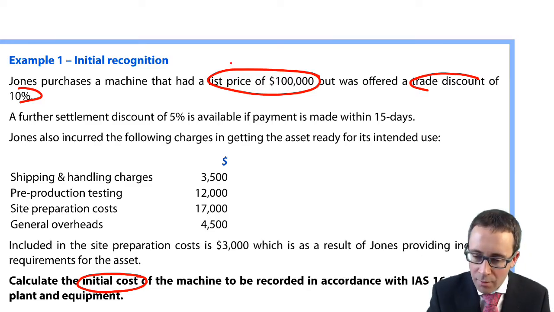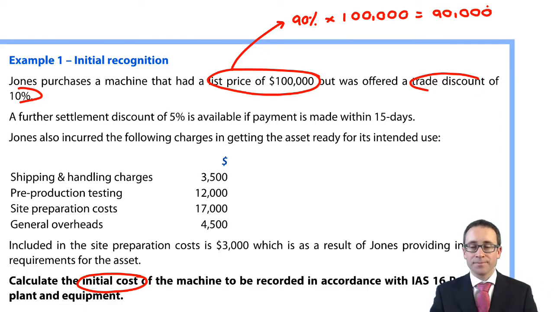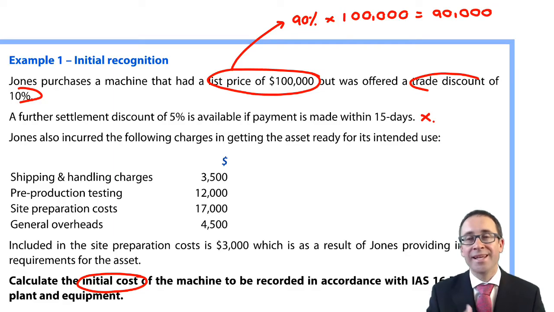Well done. So if we knock 10% off, and we're going to capitalize, is it the 90,000? Just be careful. It says a further settlement discount of 5% is available if made within 15 days. Well, that means I may pay 5% less than the 90,000 if I pay after, say, 10 days.